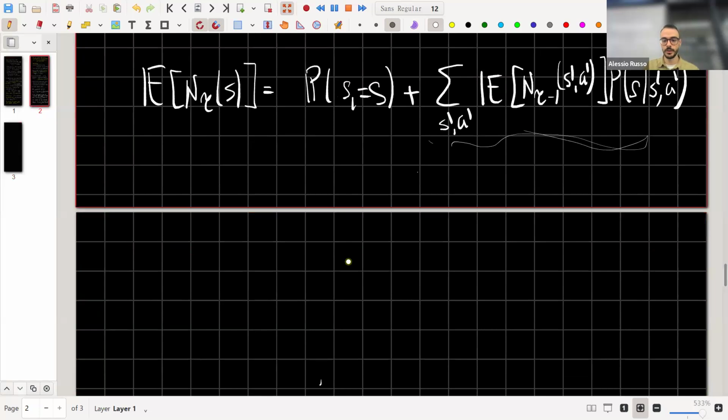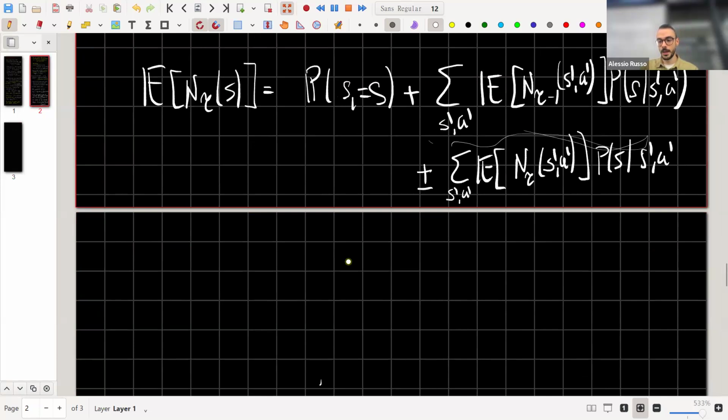So what I'm going to do now is do plus minus the sum over S prime A prime of the expected value of n tau S prime A prime times the probability of S given S prime A prime. I added this quantity because here I have a shift of minus 1, but I want tau. So I can bring the plus term to the right-hand side.